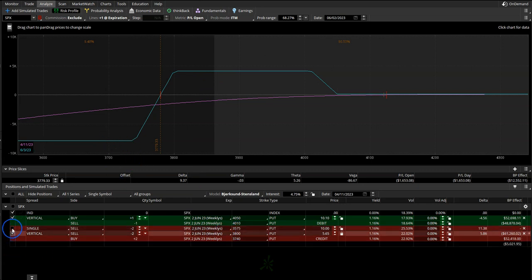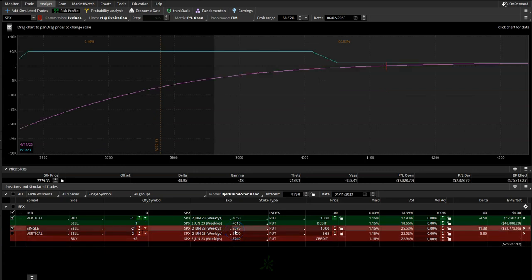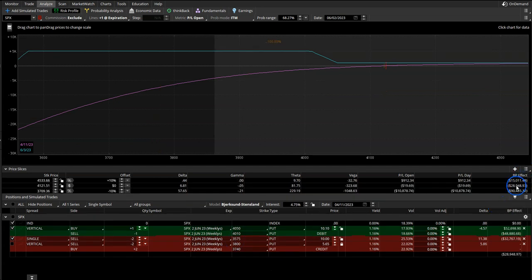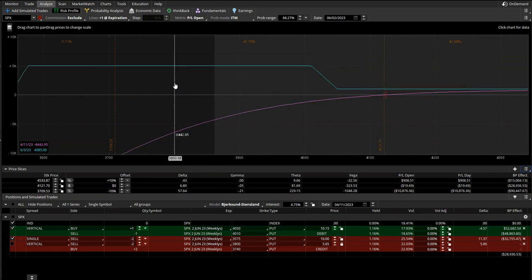I do believe that to sell two of the 3,575s, we would need about $28,000, versus if we were to set up a bear trap using a put credit spread, we're putting the put credit spread much closer at the money, right?